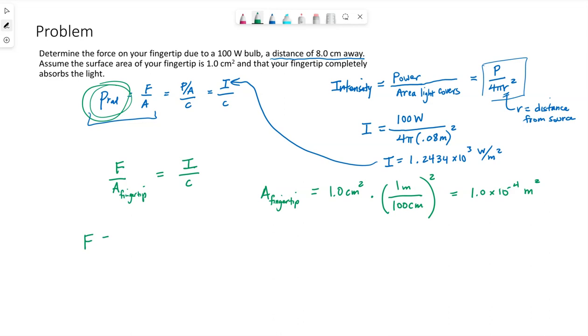Coming back to our equation, the force our fingertip experiences that we can't actually feel would be this intensity we calculated over the speed of light times this area in meters squared.